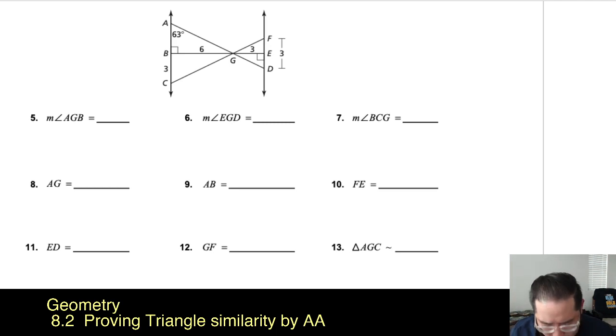Now, I think some key things to realize here is that we have ourselves perpendicular lines, right? If I take a look right here, I see this line AC and line FD.